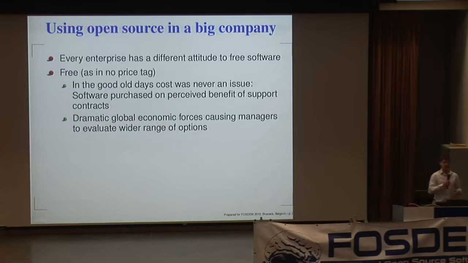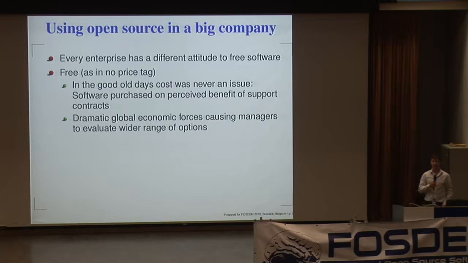There are obviously distinctions between the meaning of free software and open source software. In a business, and particularly in a bank, financial concerns are important, so we'll just talk about free as in no price tag. In the good old days, people didn't have to worry too much about the cost of software, and they'd often buy things based on the support contracts, the size of the vendor, and various other factors.